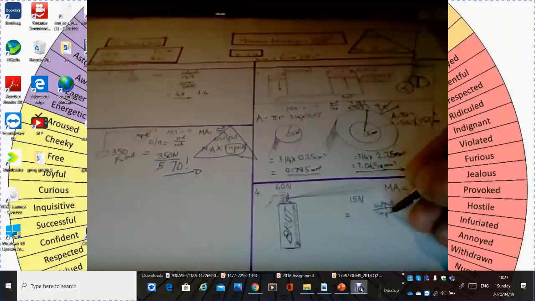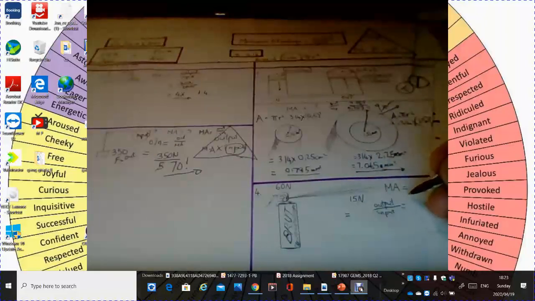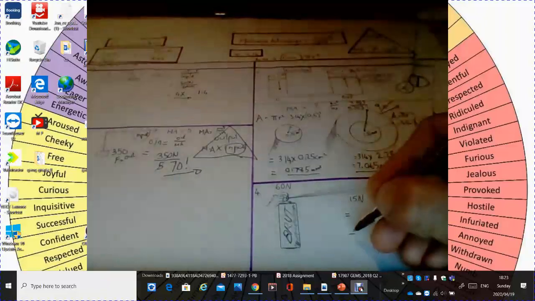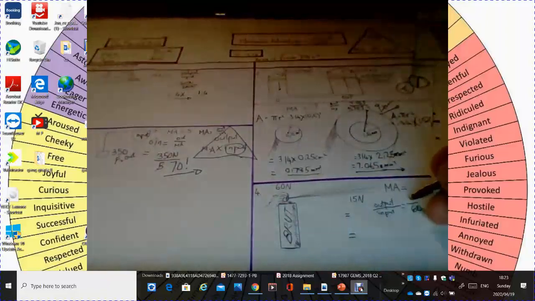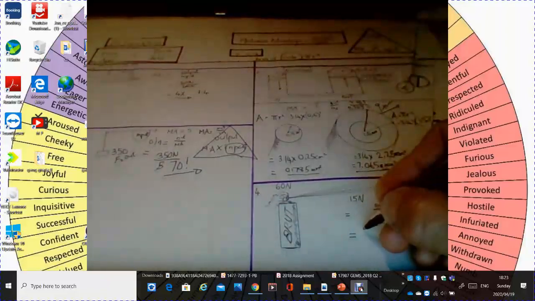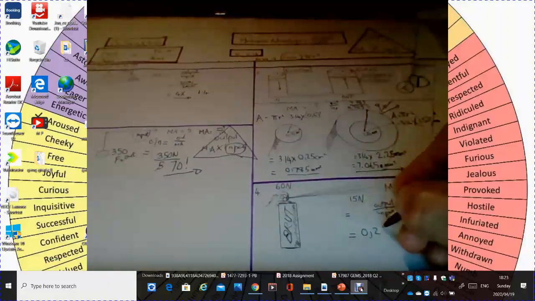We should know that by now, hey? So my output was 15 and my input was 60, which means that it's a quarter, 0.25.